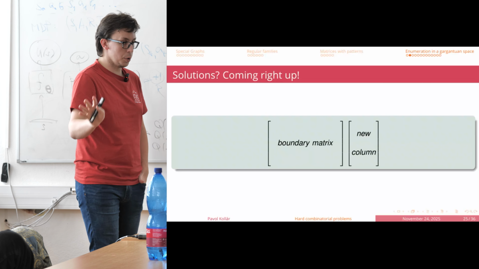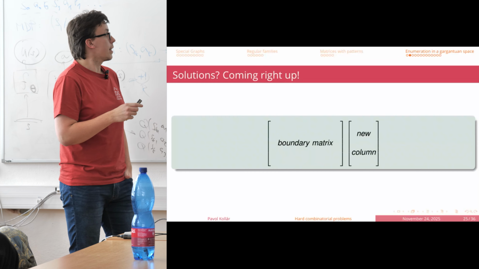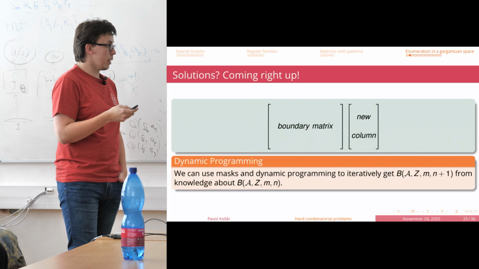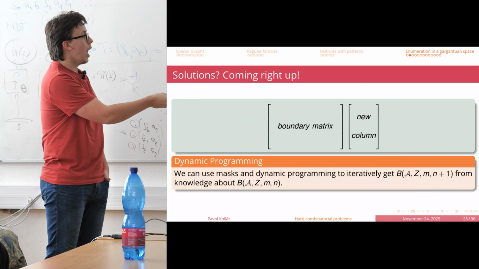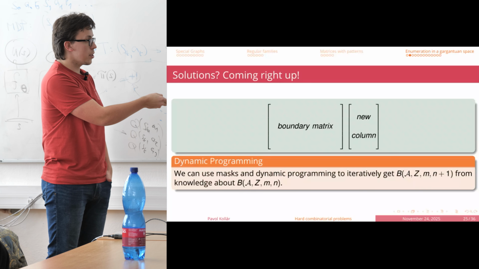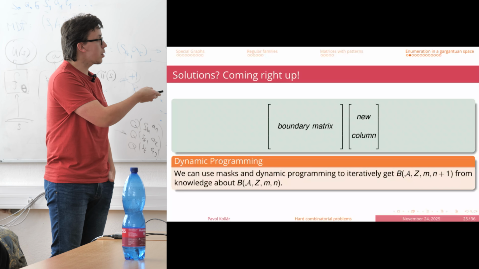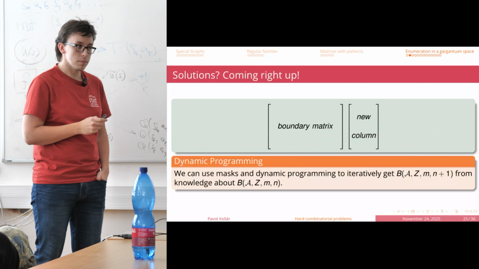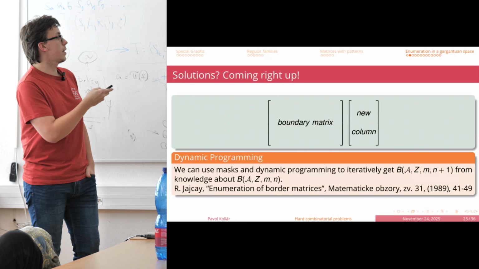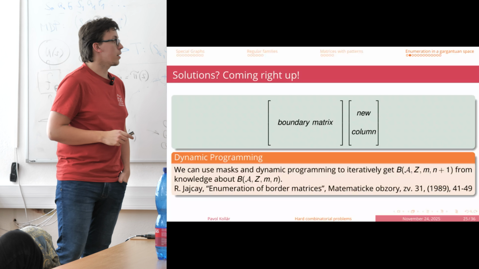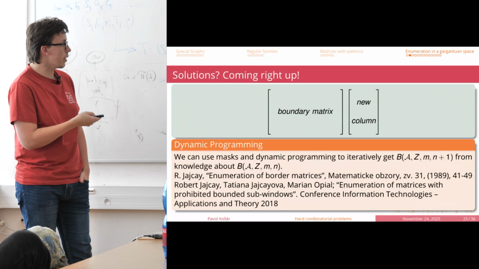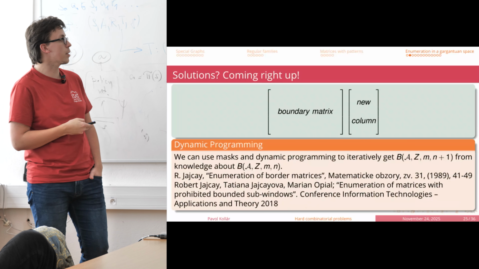If that doesn't happen, then you are fine. And this allows us to use dynamic programming to get information about the boundary matrices with one more column based on the previous information, which was already done by Robert Jajca in an earlier paper and then revisited by the trio Jajca, Jajcejová, and Oppial in 2018.